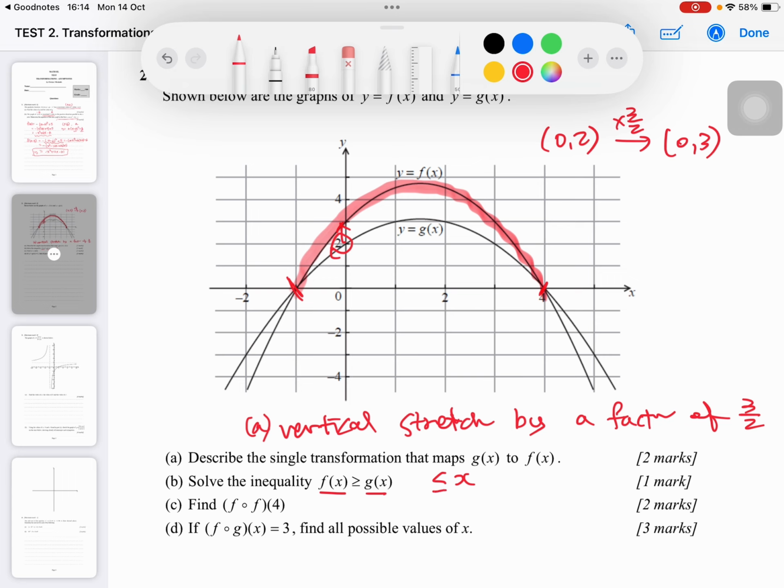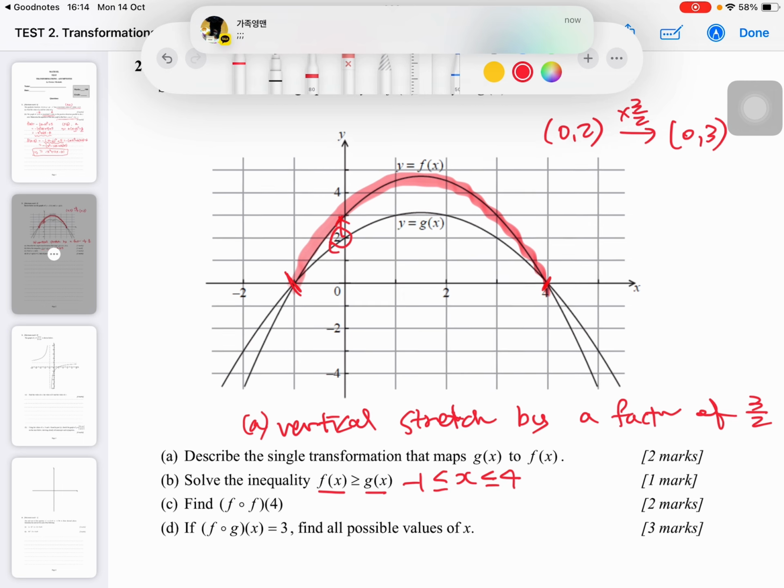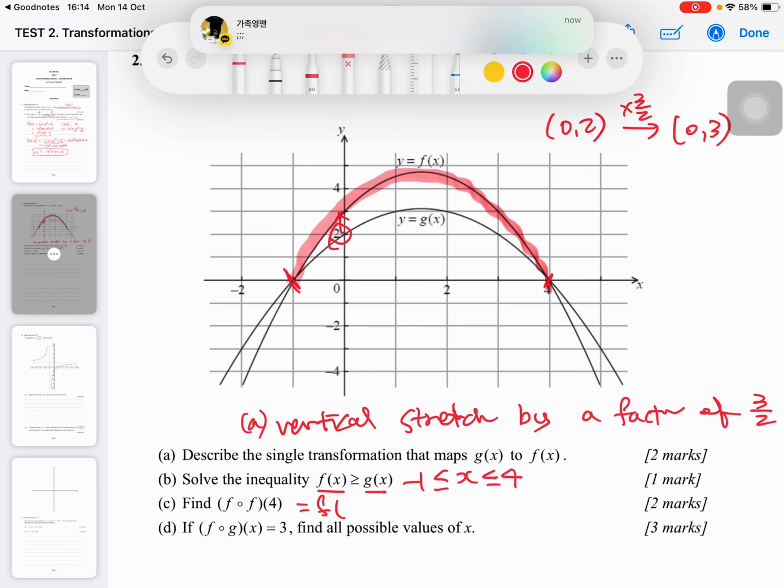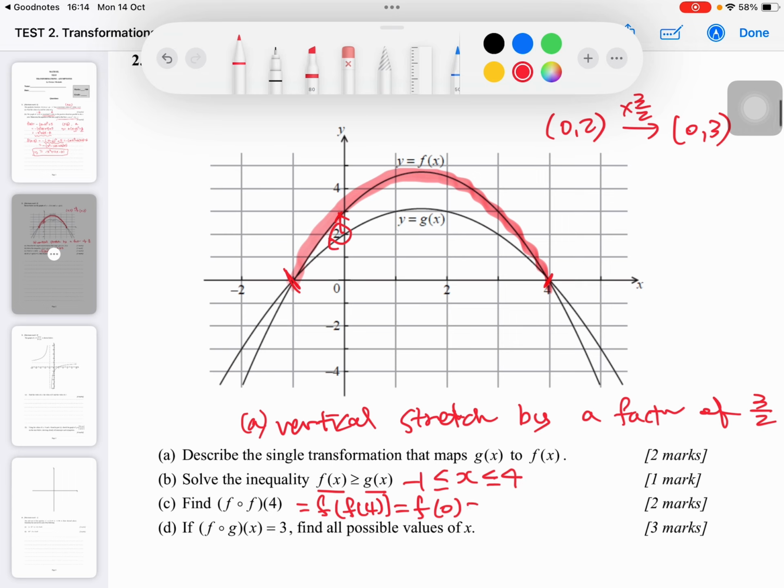So when x is between negative 1 and 4, f of x is above g of x. So f of 4 equals 0, f of 0 is 3.